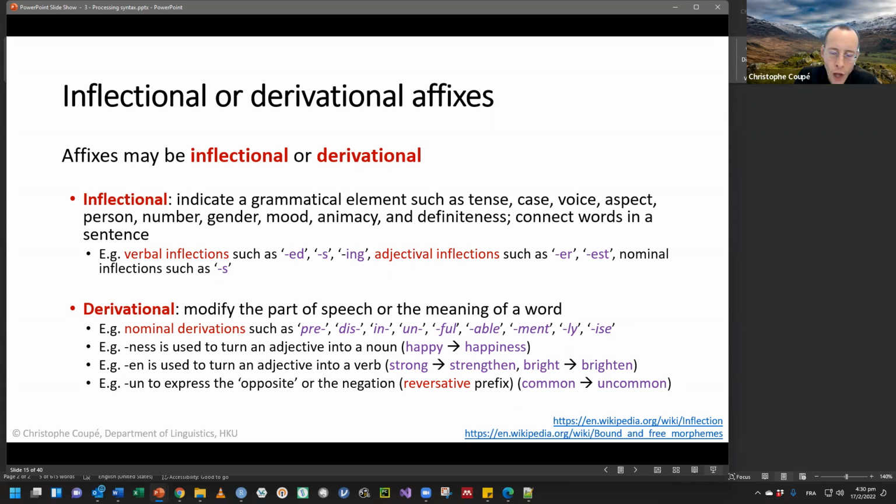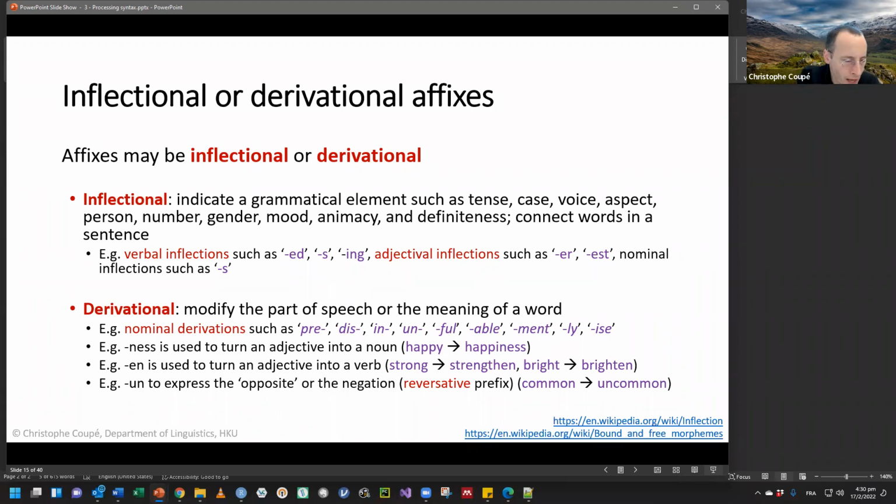Common, uncommon. Let me try to find another example. Necessary, unnecessary. So you see that you can analyze, you don't need to remember all the details.